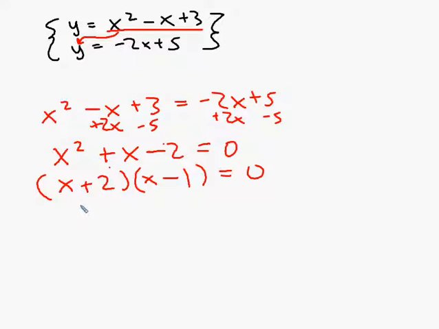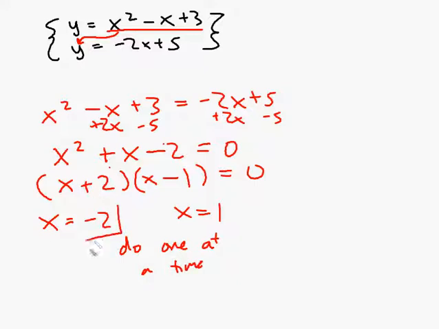And now I'm going to get two answers, right? x could be negative 2 or x could be 1. So what do we do about that then? Well, now we put them in one at a time. Test it. Well, we put in this negative 2.